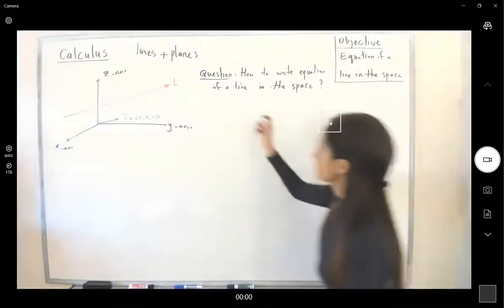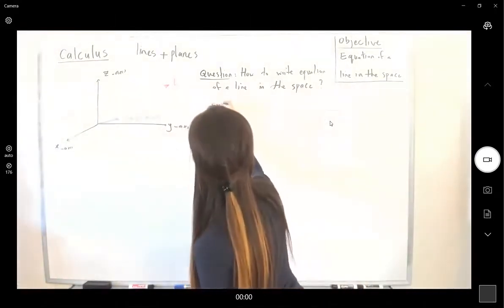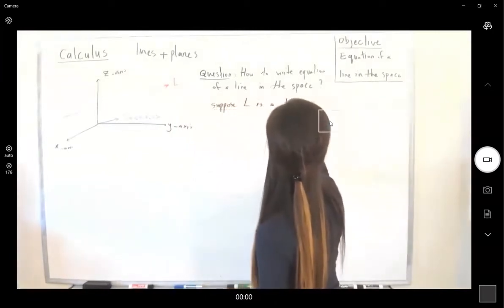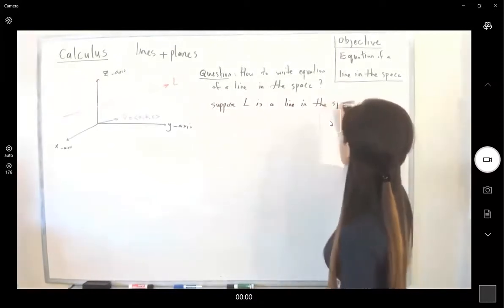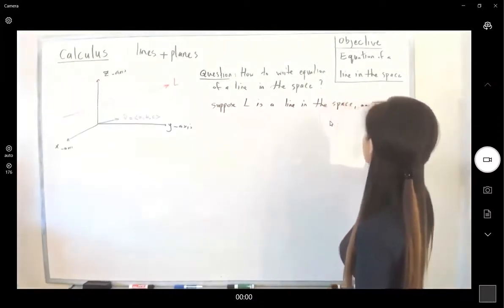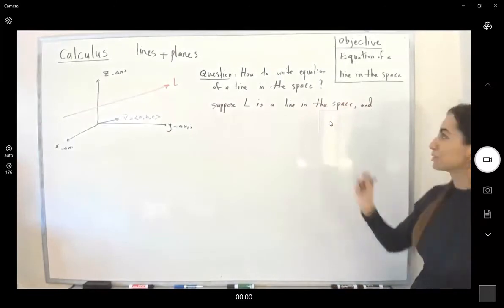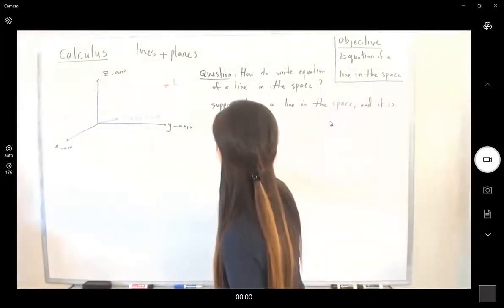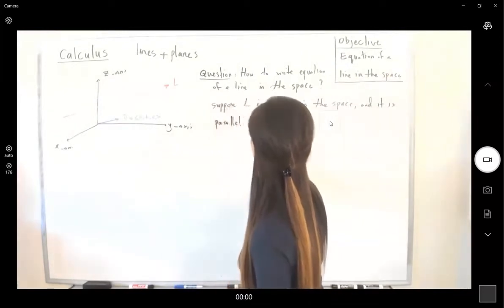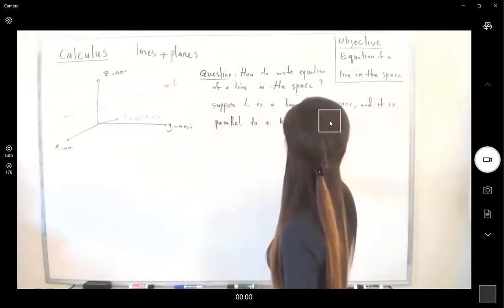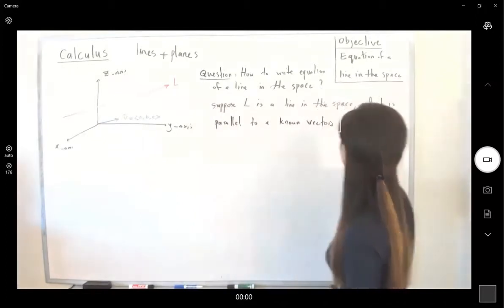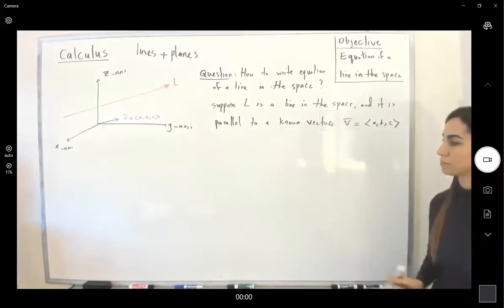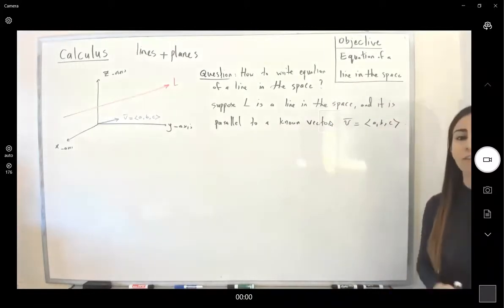So suppose L is a line in the space, and we know it is parallel to a known vector like V, A, B, C. What are we going to do?